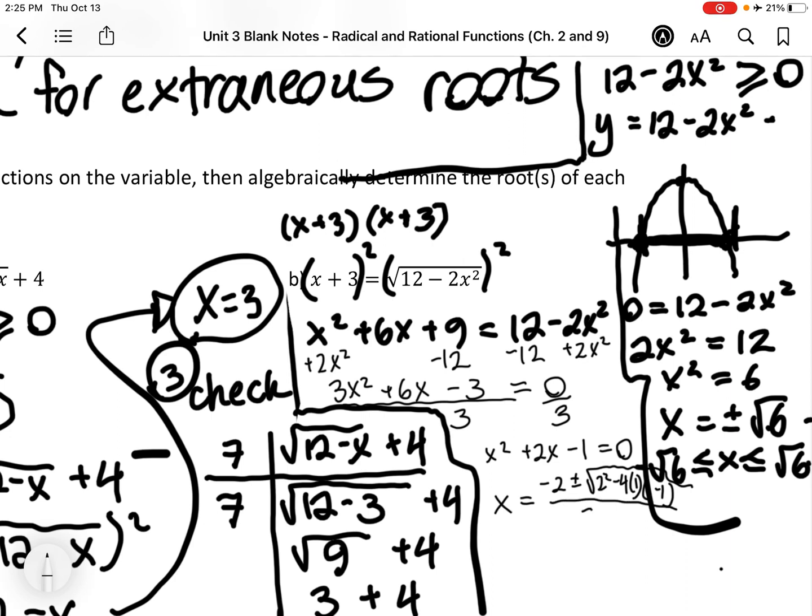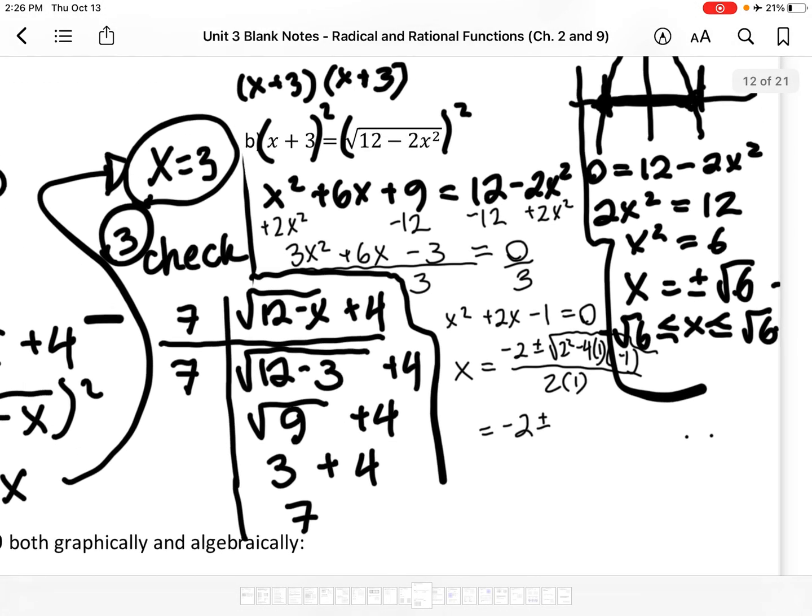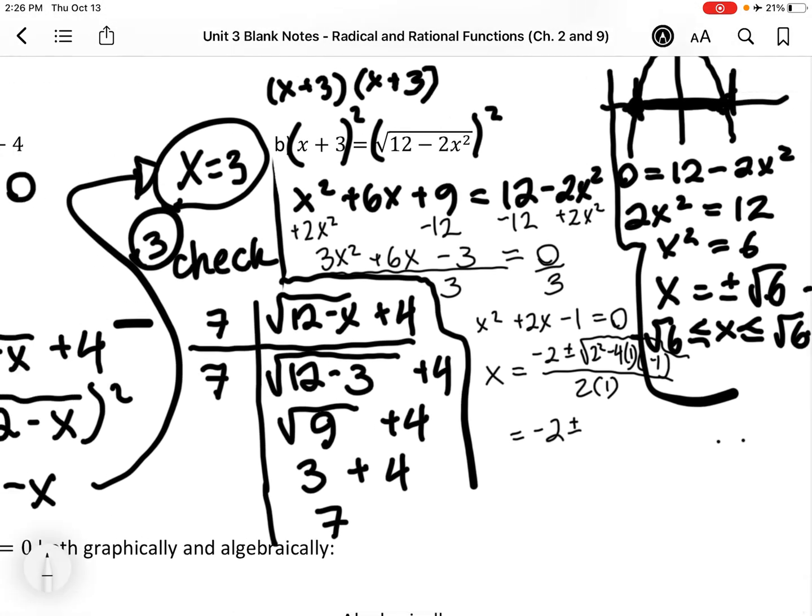And that's all over 2a, 2 times 1. When you simplify that, you will get negative 2 plus or minus 2 squared is 4, minus 4 times 1 times negative 1. So negative 4 times 1 times negative 1 is plus 4. So that's going to be 4 plus 4, which is root 8 over 2.